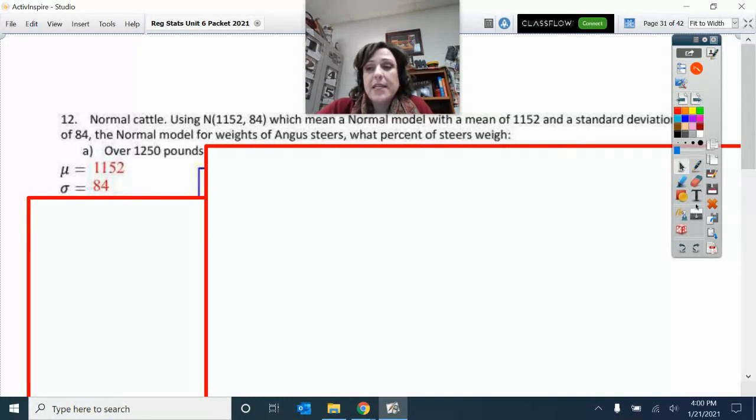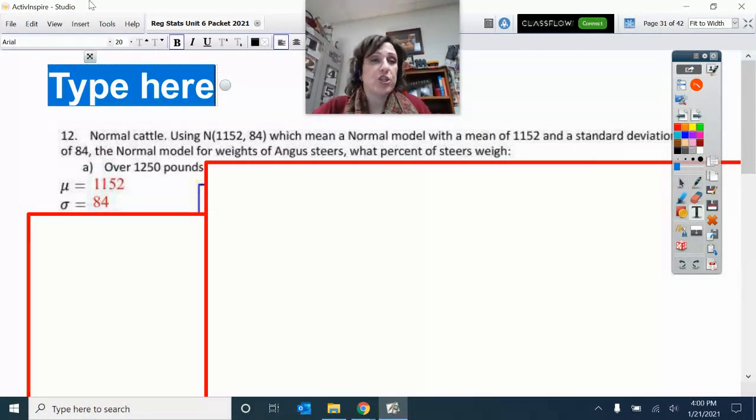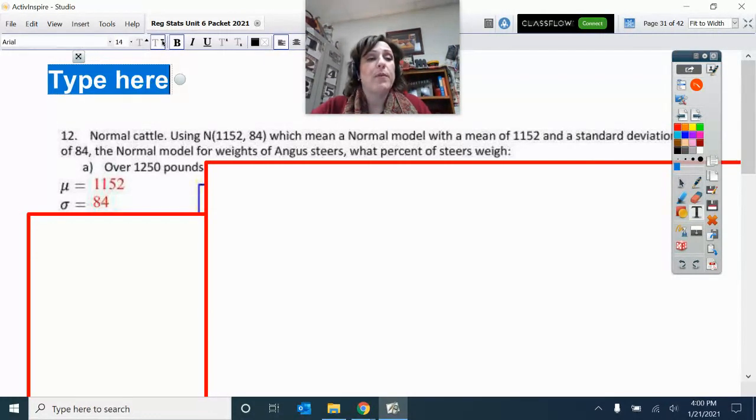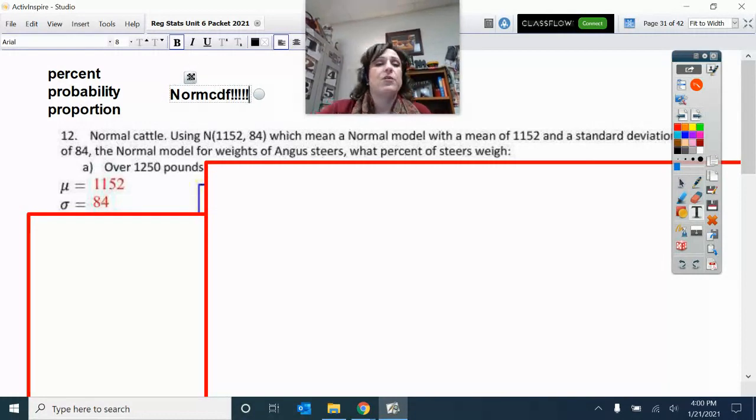I can already tell that's the percent, or the probability, or the proportion of observations. Remember, percent, probability, proportion of observations, all of those mean I'm going to use my norm CDF. So the three P's use norm CDF.